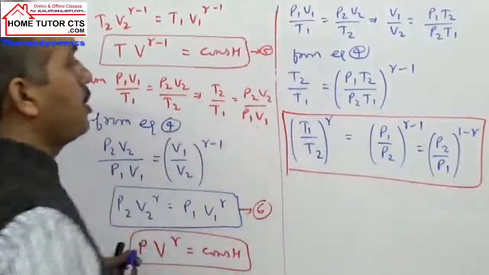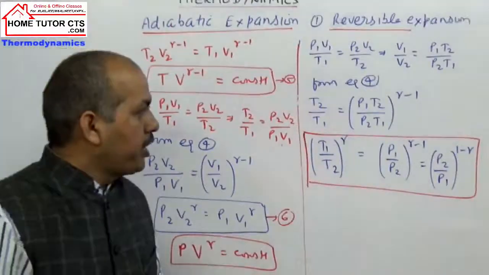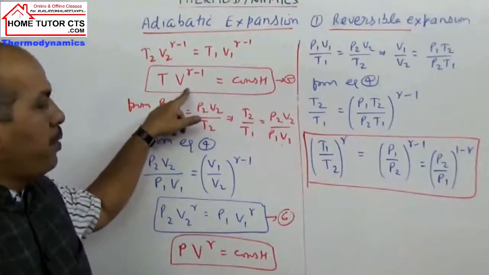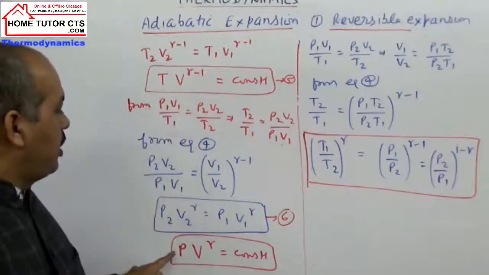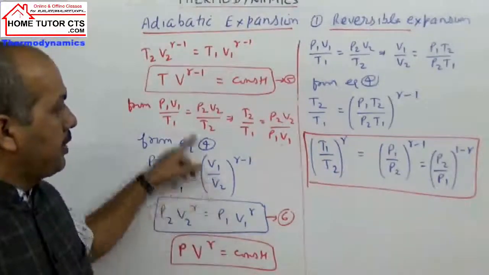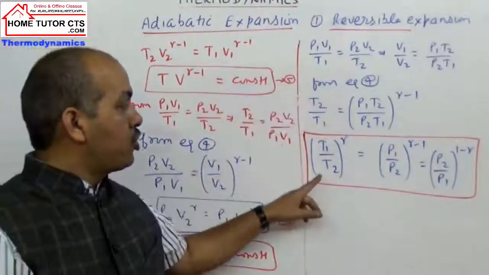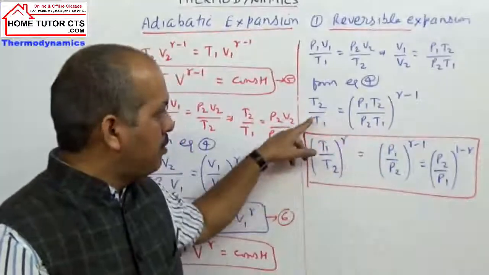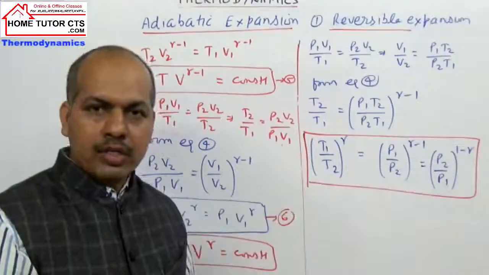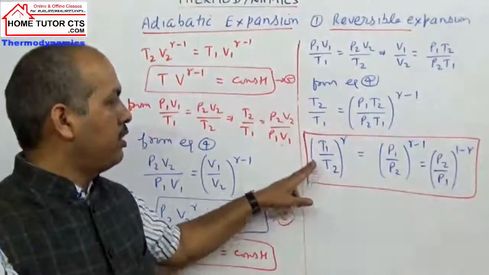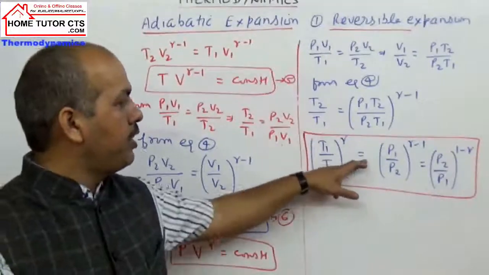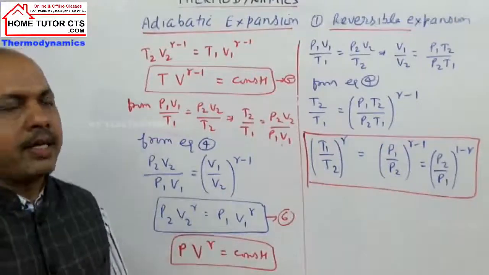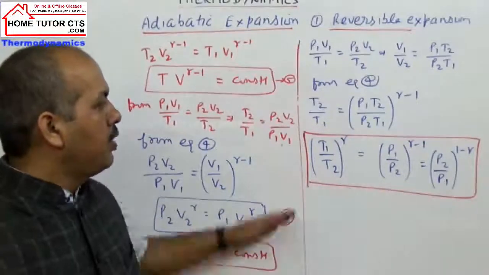The result comes in this form. So the relation of volume and temperature is obtained this way, the relation of pressure and volume this way, and then the relation of temperature and pressure. We bring the same terms on both sides, and on simplifying we get this expression: T1 by T2 power gamma is equal to P1 by P2 power gamma minus 1, which is equal to 1 minus gamma.